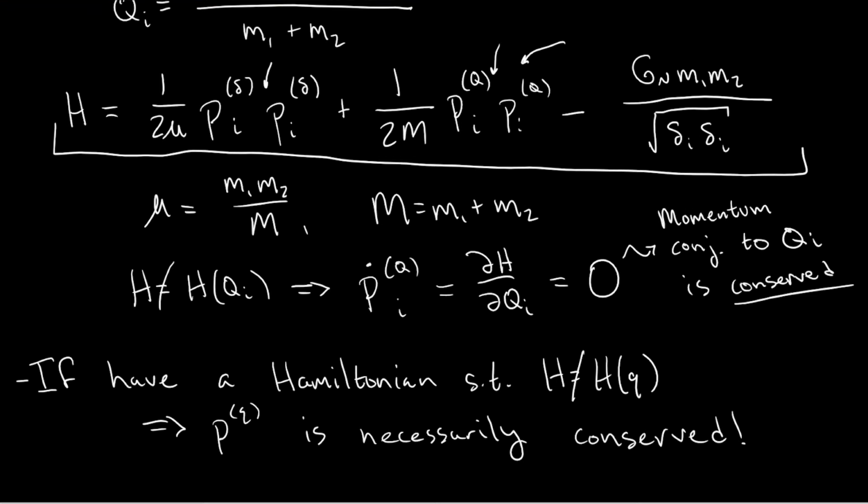And that just means that when we find our equations of motion by taking derivatives of the Hamiltonian, nothing having to do with Q will ever show up in an equation having to do with delta. Which means that we can actually just completely ignore the fact that Q exists.